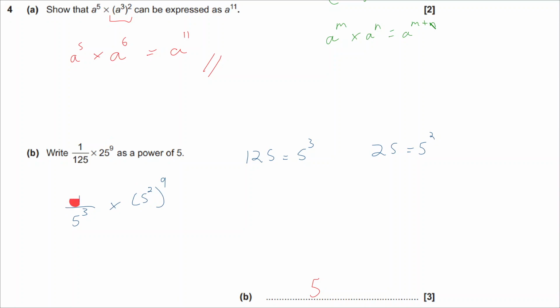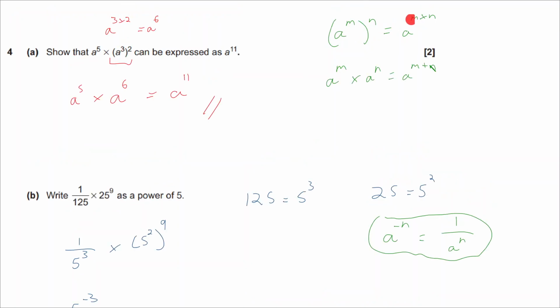Now, this is the negative power law, and that law is if you've got a number raised to a negative power, you do the reciprocal of that number to the power. This is a really important rule. So I can write this as 5 to the power of negative 3. This and this mean the same thing. I've just written this in terms of a negative power using this law. And then we know from the first question that if you've got a power to another power, you multiply the exponents.